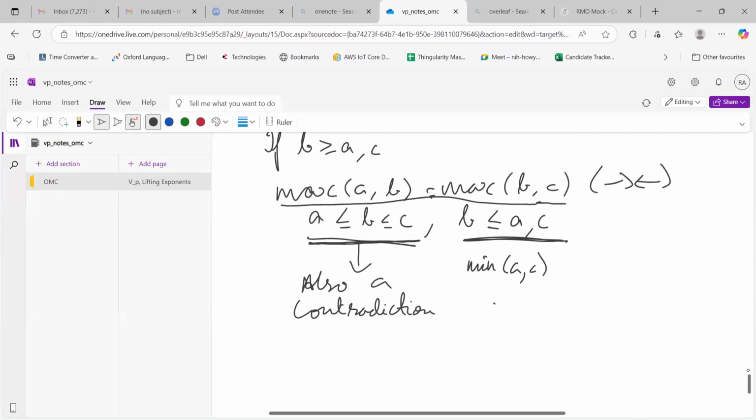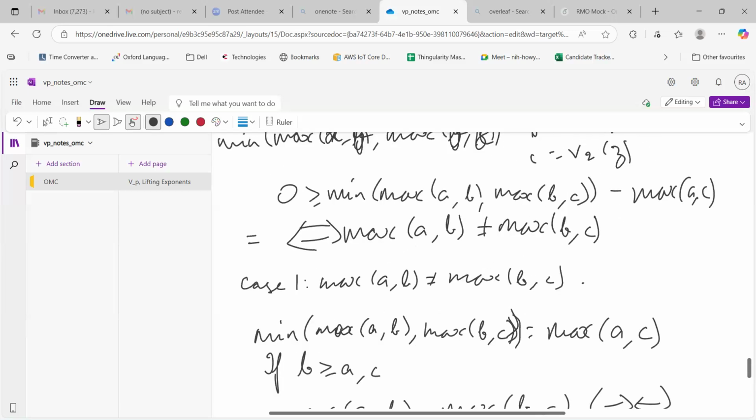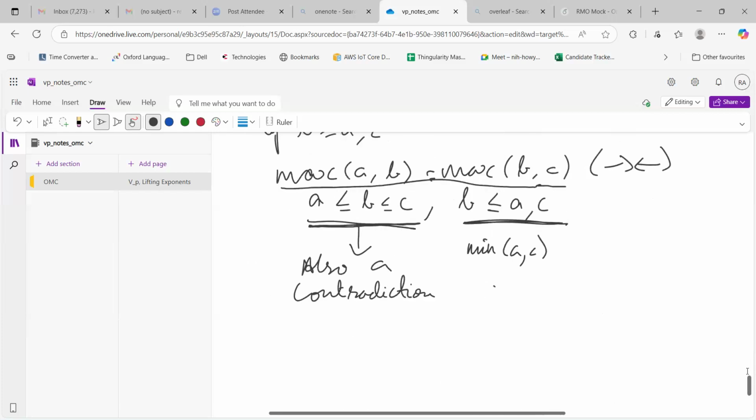Basically we have that the above expression where 0 is greater than or equal to, we get that 0 is greater than or equal to the minimum of A comma C minus the maximum of A comma C, but that is a contradiction. So A has to be equal to C. Yes, exactly.